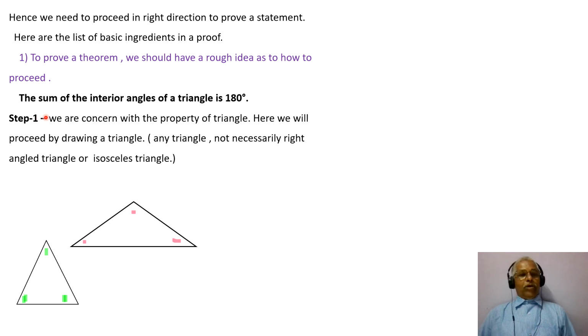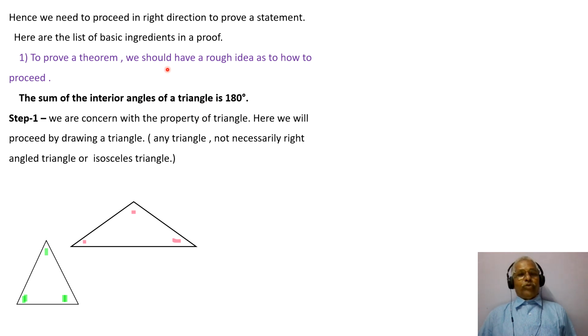Now look at this example. The sum of the interior angles of a triangle is 180. Then step 1, we are concerned with the property of a triangle. Here we will proceed by drawing a triangle, because we are concerned about the angles of the triangle.